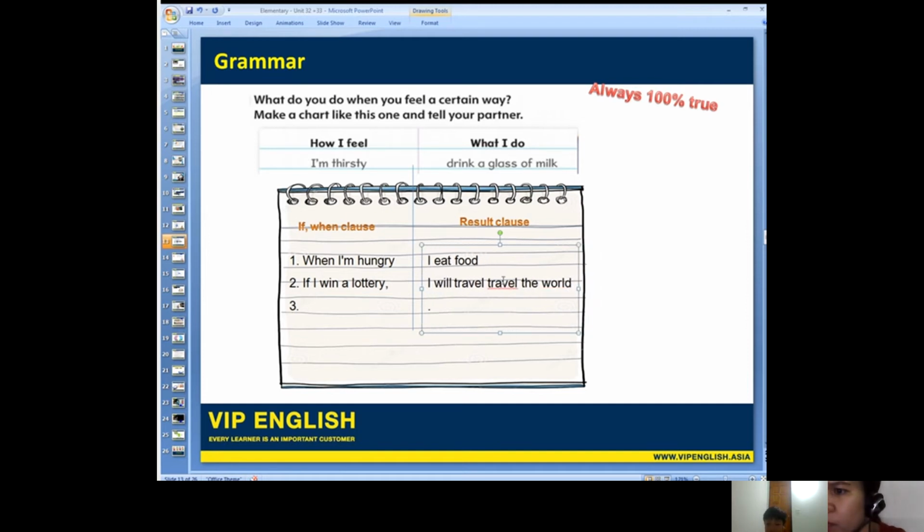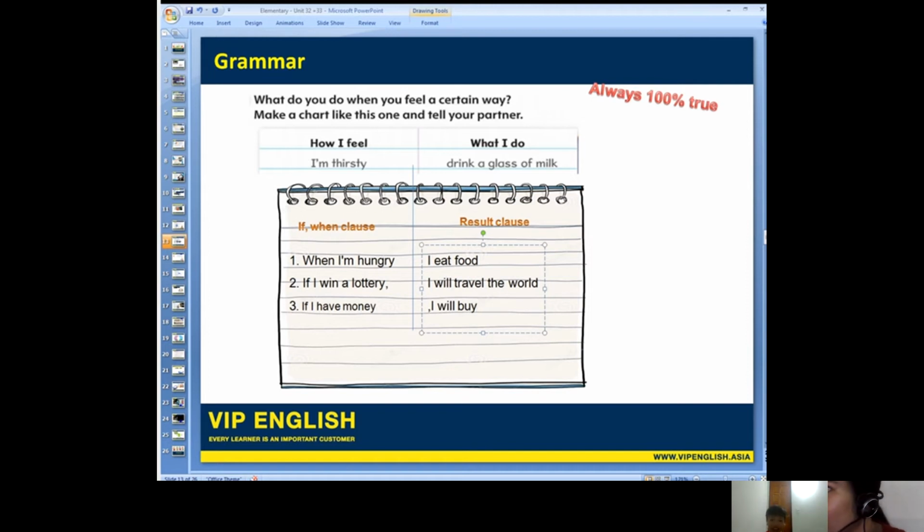Okay, so one more. You have just one more example to fill up. So let's say, if I have money, I will buy, what will you buy?